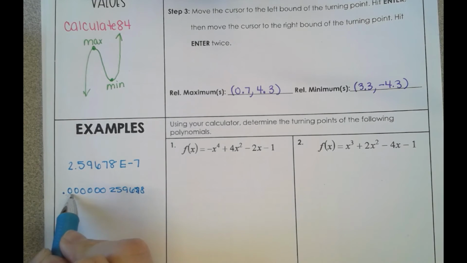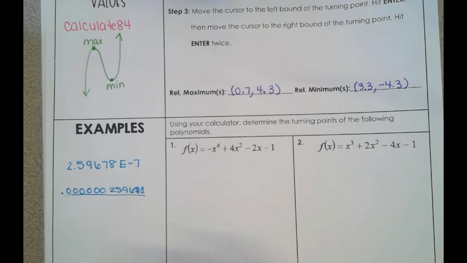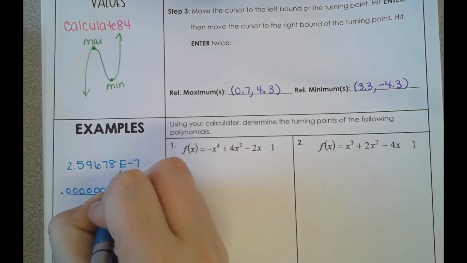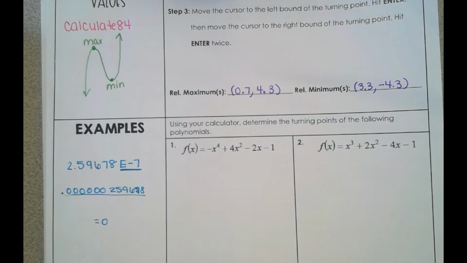Well, if you saw that on the calculator, you're going to be like, well, that's 0. So anytime you see this in one of your numbers, you're just going to write 0. You don't write 2.5, don't write 2.6, just write 0.